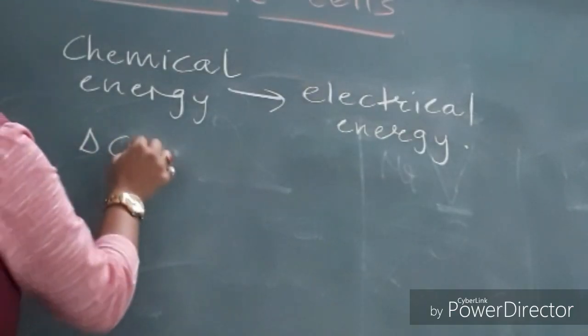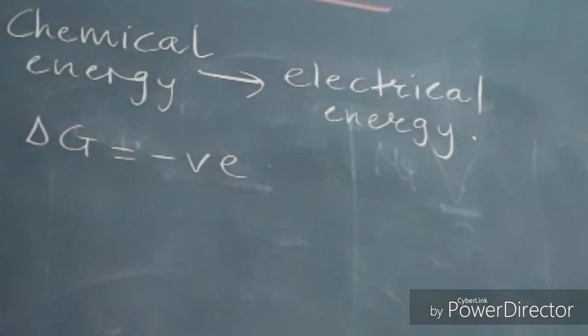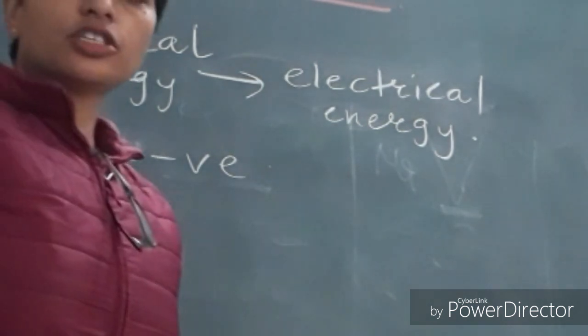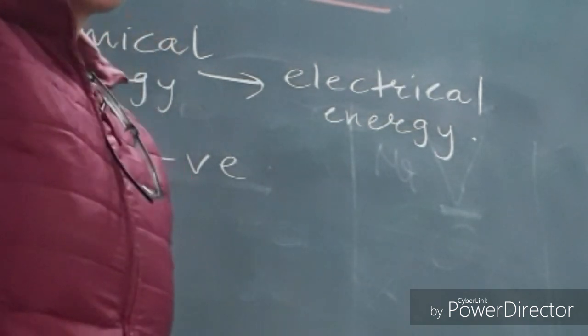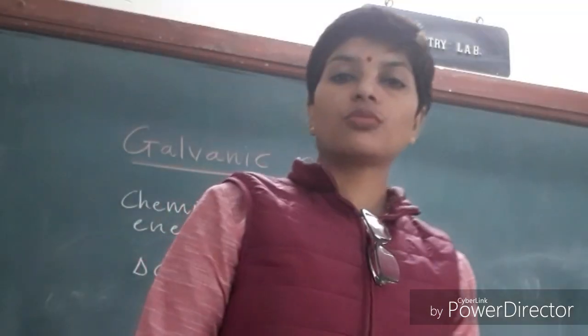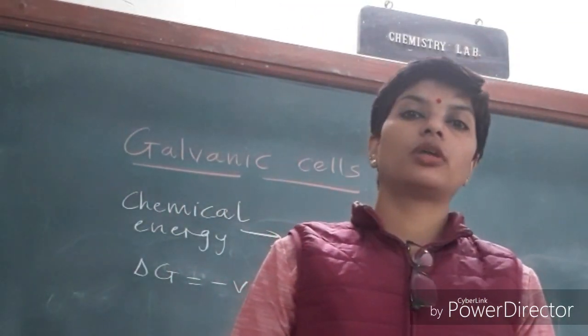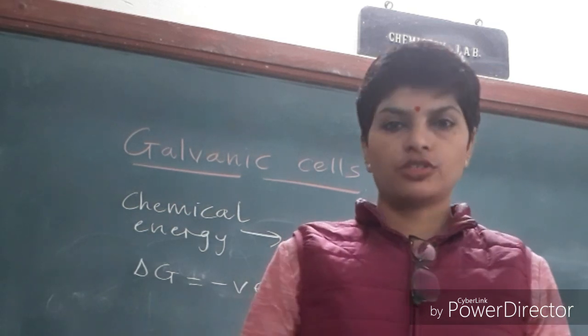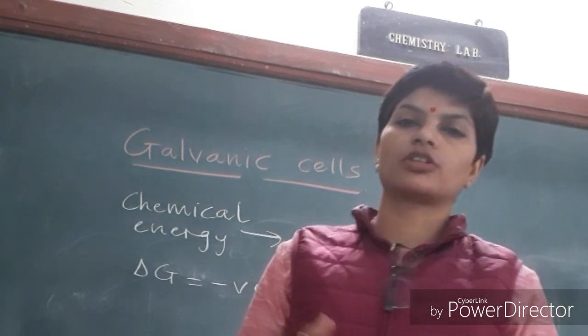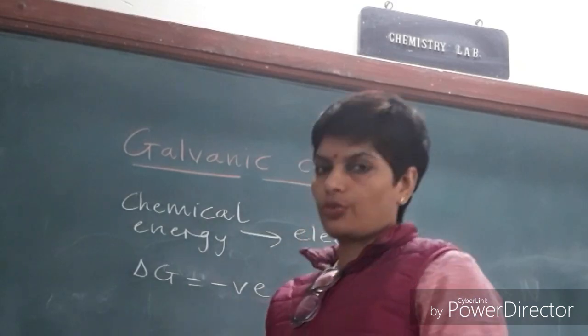The second thing is that the free energy is negative, which indicates that it is a spontaneous process. Now, spontaneous processes are those processes which take place on their own without any human intervention. So we don't have to do anything, the cell functions on its own.